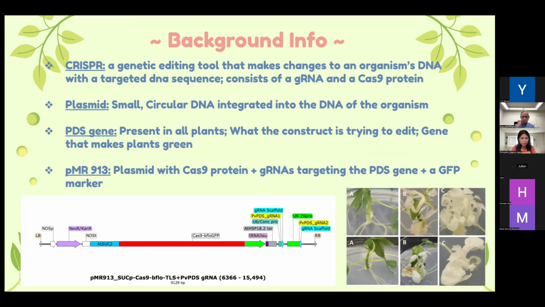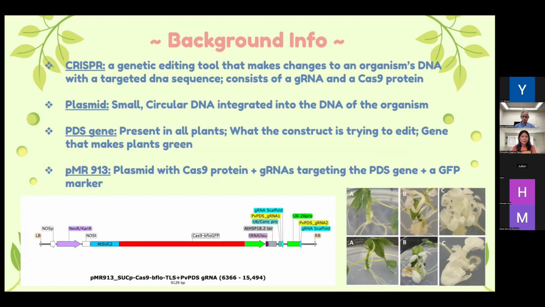And the PDS gene is a homologous gene that's present in all plants, and it's essentially the gene that our plasmid is trying to target and edit. If you knock out this gene, which essentially makes plants green, then you'll end up getting albino plants, which you can see as the white plants in the far right picture.